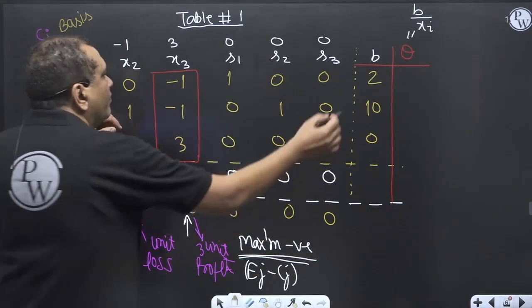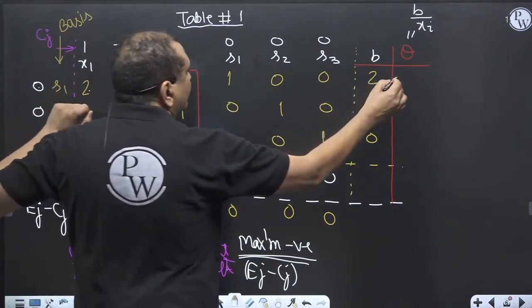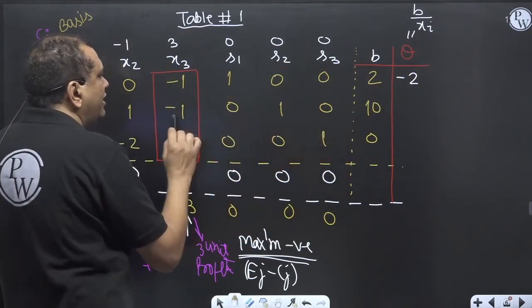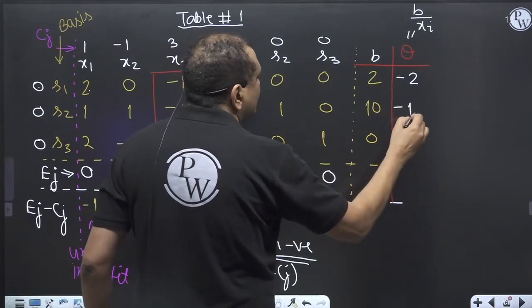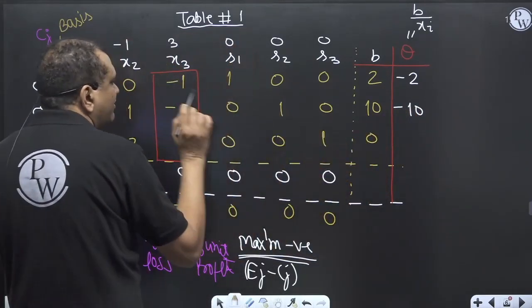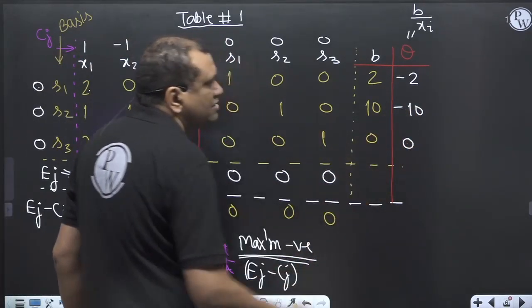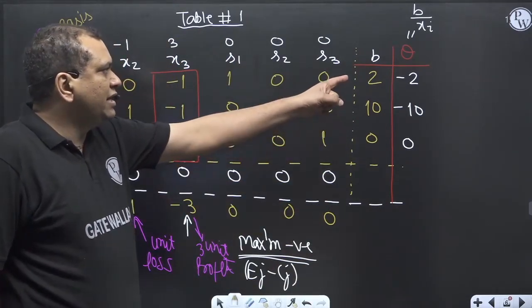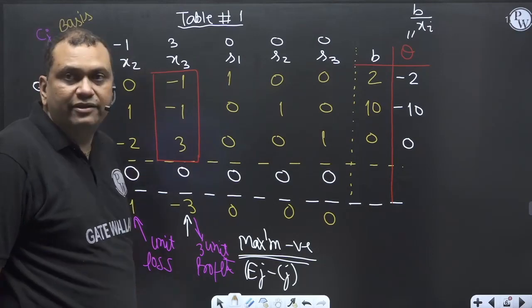Meaning 2 divided by -1 is -2, 10 divided by -1 is -10, 0 divided by 3 is 0. So theta is B divided by the entering column.